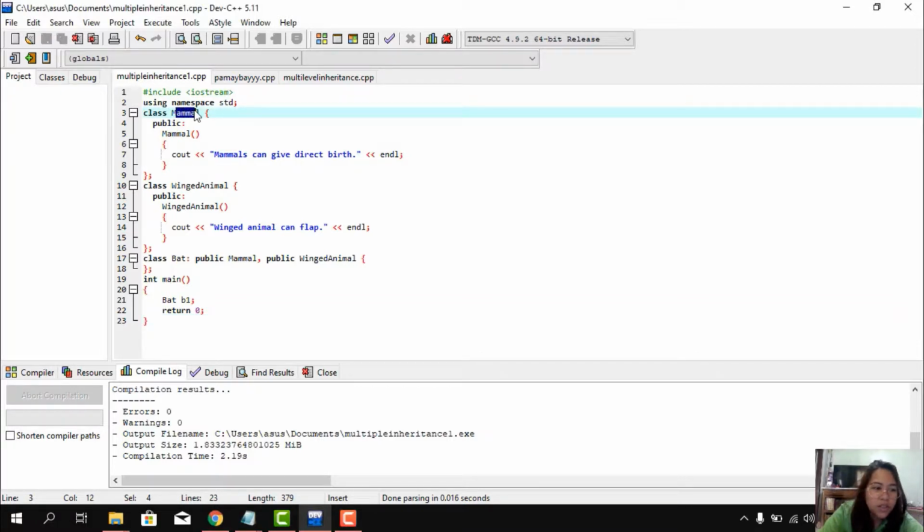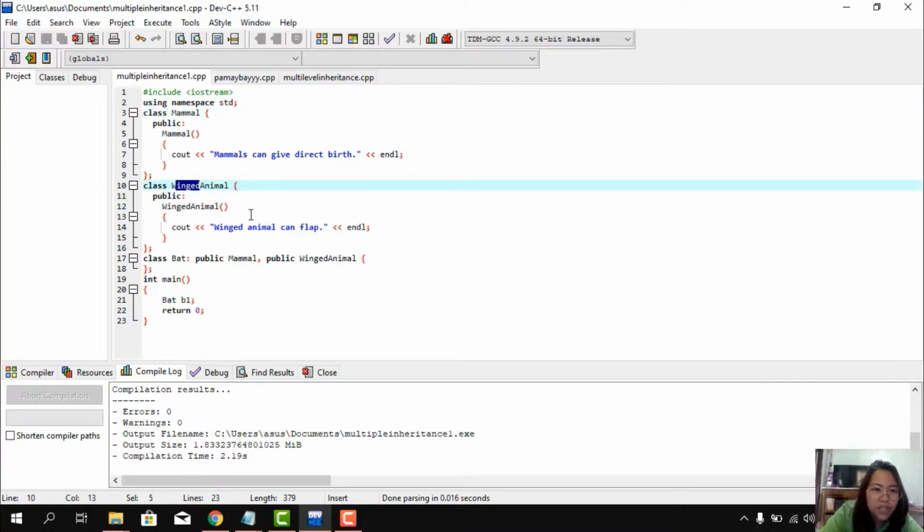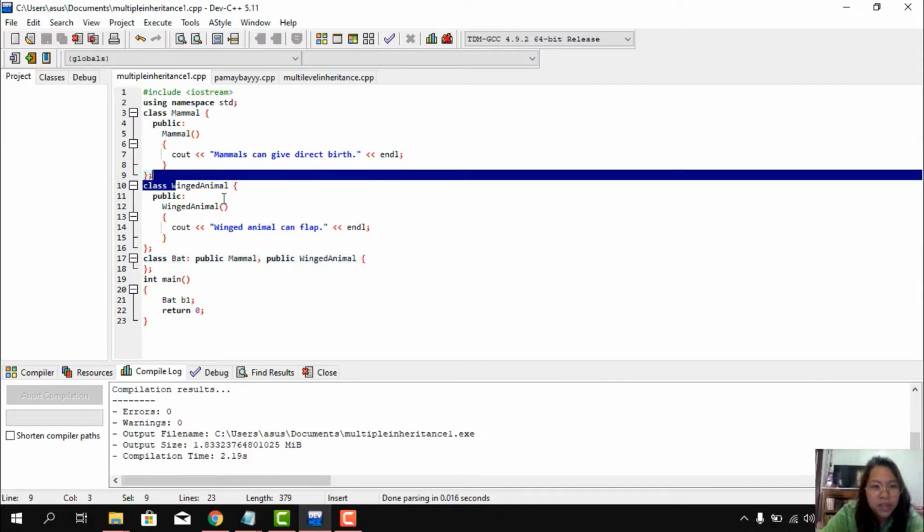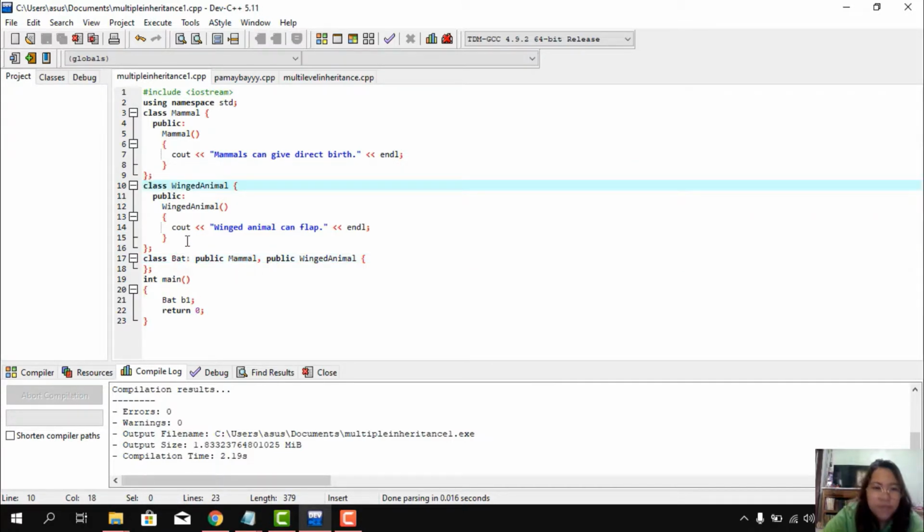There is a base class mammal, a base class wing animal, and a class bat. Bat is a mammal and a wing animal. In C++ programming, our class can be derived from more than one parent.